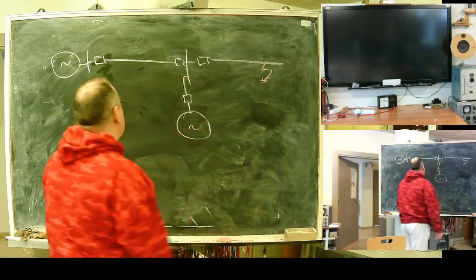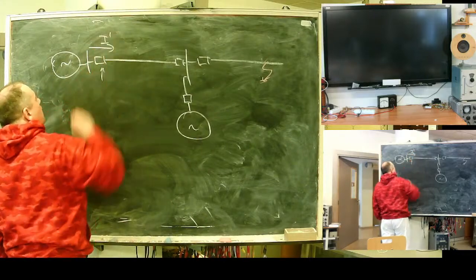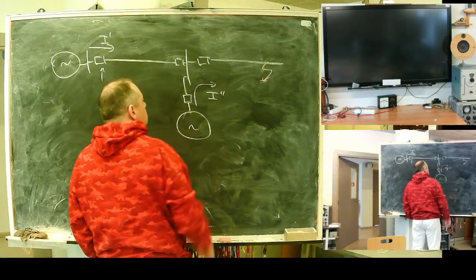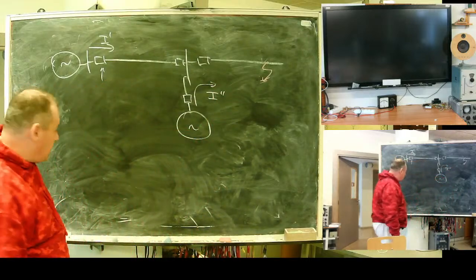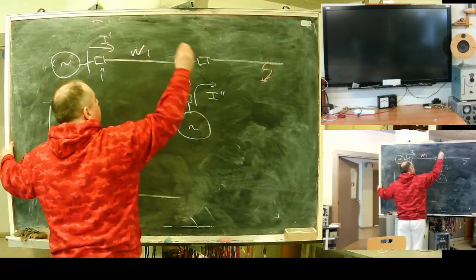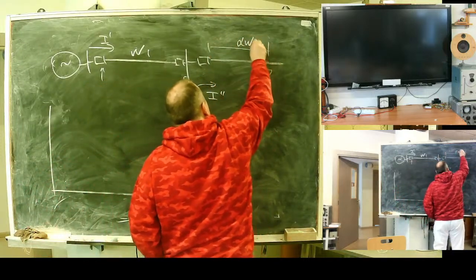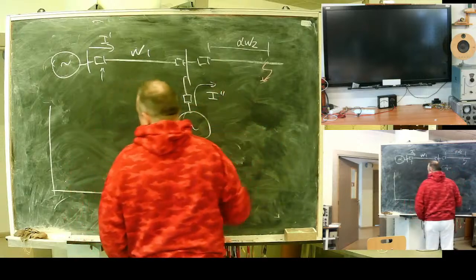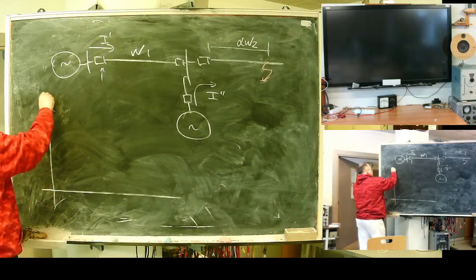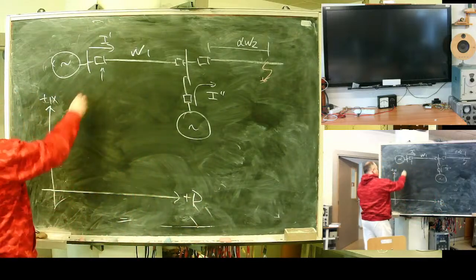Here is the fault. You sit here. Here is your current, I1. From this point flows I2 to the fault. What will you see?